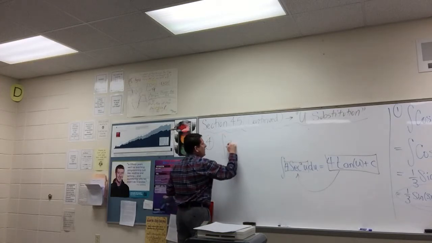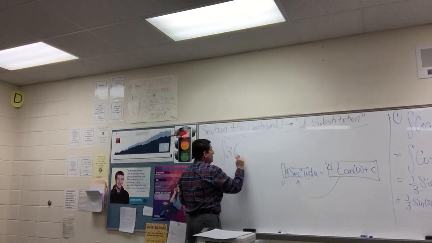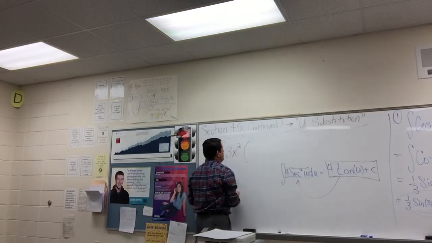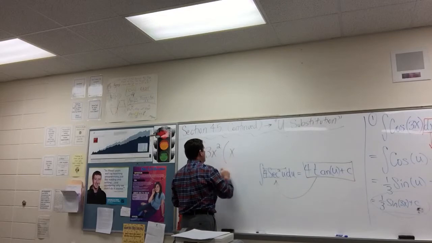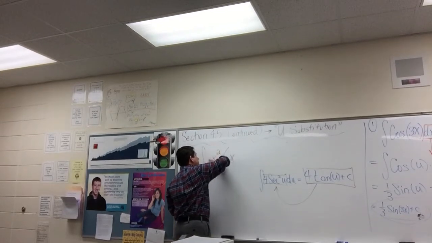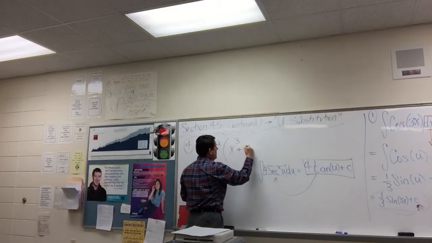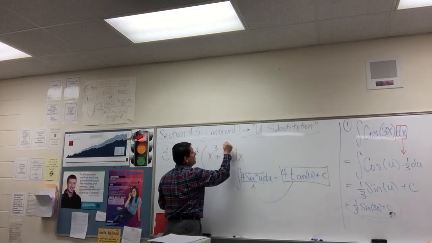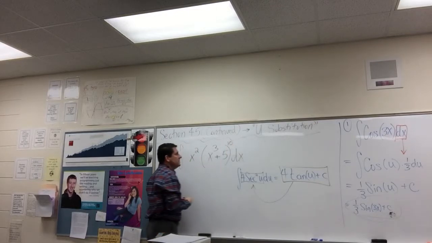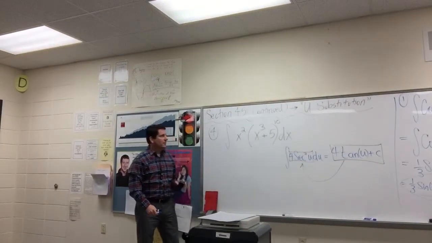Integral of 3x squared times, I'm going to make it just x squared times x cubed plus 5 dx, and we're going to make this to the 10th power. Feel free to expand it if you don't want to do a U substitution.